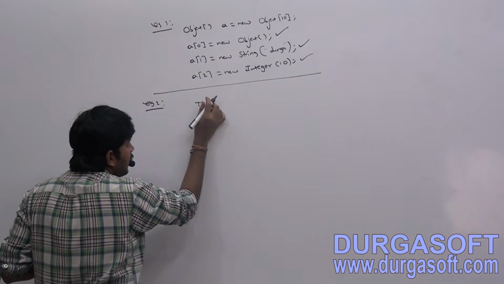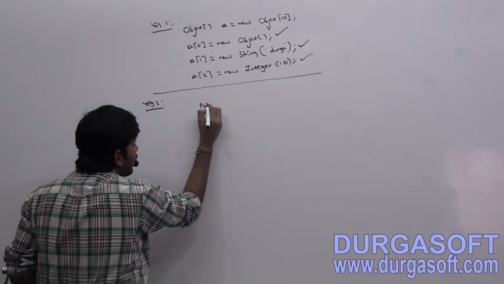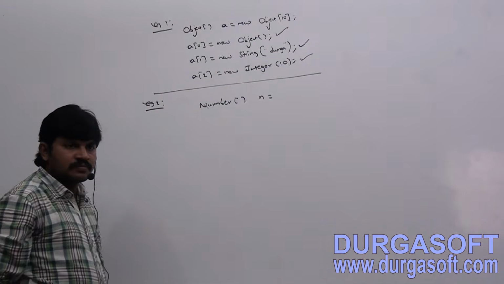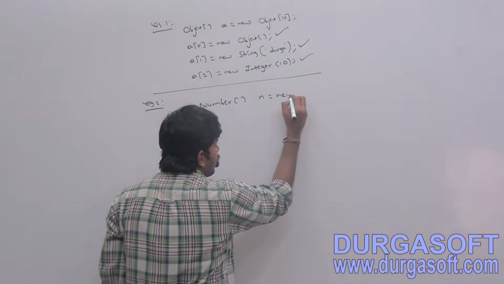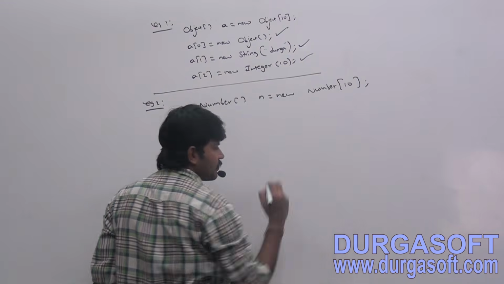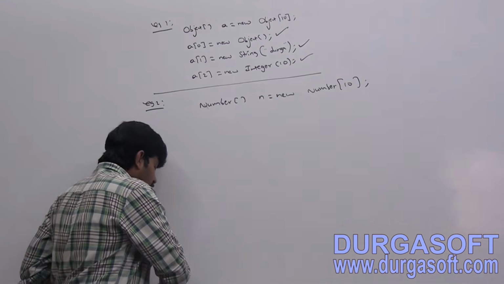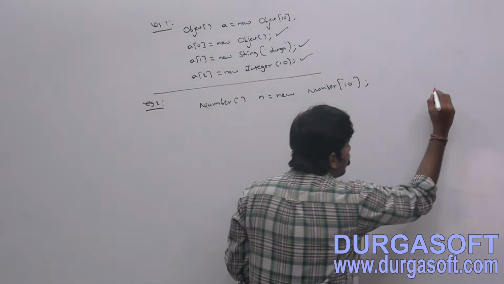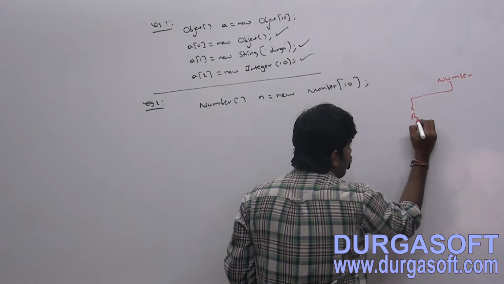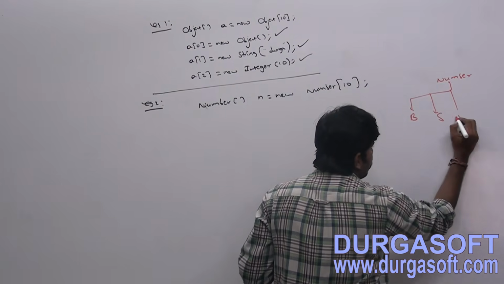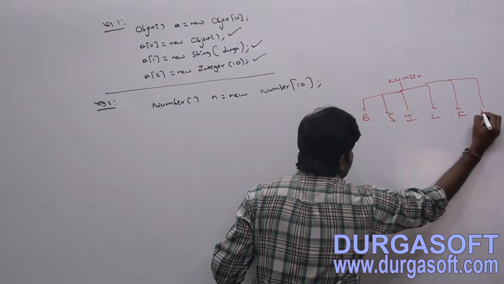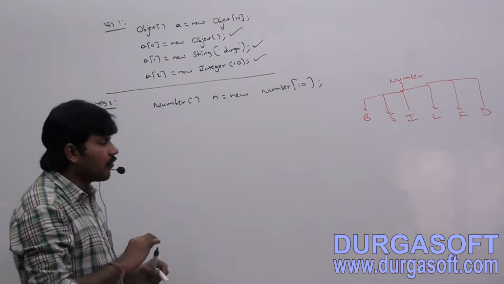Here, see, I am taking a number array: Number[] n = new Number[10]. Do you know the child classes of Number? Byte, Short, Integer, Long, Float and Double.